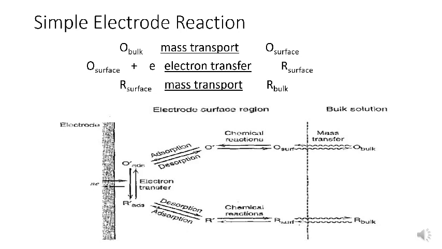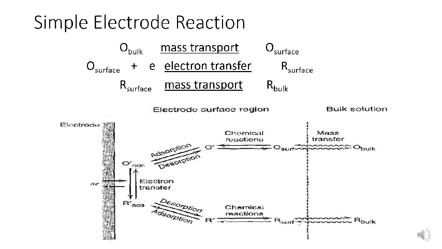At the surface, the second step is the electron transfer step. So the electrons at the electrode will jump to the oxidized species already adsorbed at the surface. Then it will turn to reduced species R, still adsorbed at the surface.